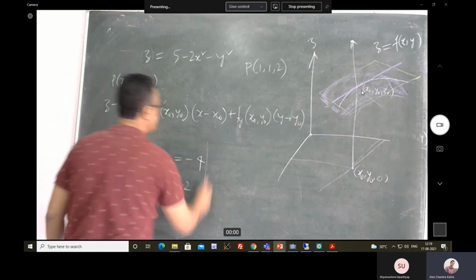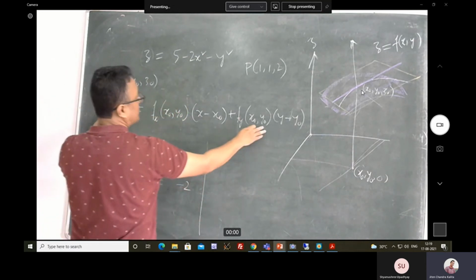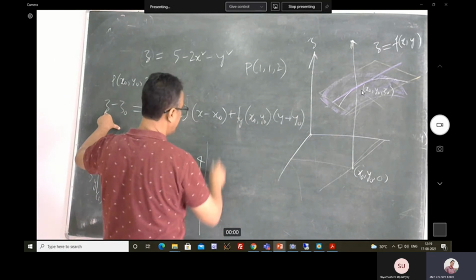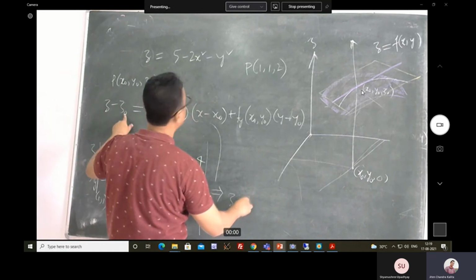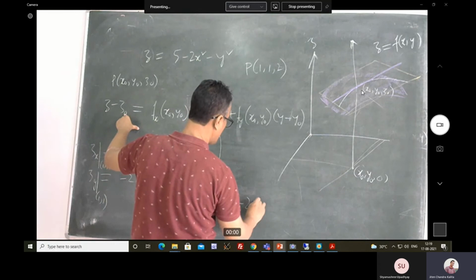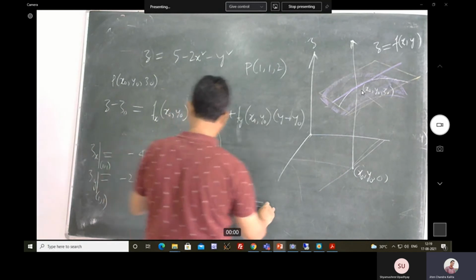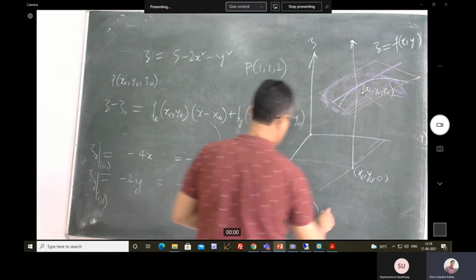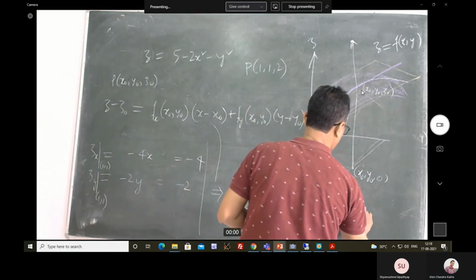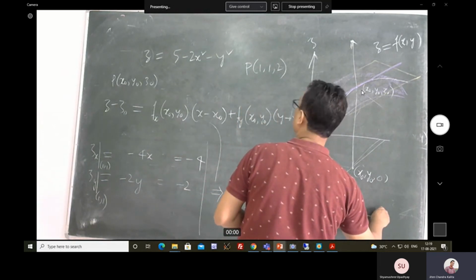So if I use this formula, z minus z0, where z0 is 2, equals minus 4 times (x minus 1) minus 2 times (y minus 1).